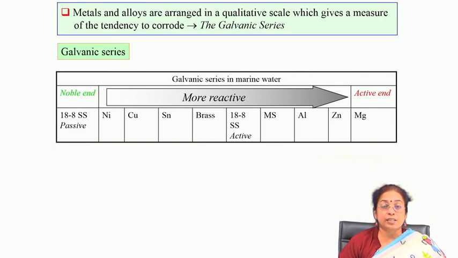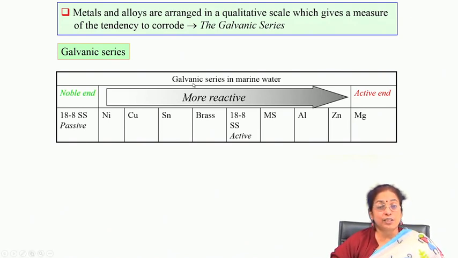The galvanic series gives information about the relative corrosion potential of different metals as well as alloys in different environments, and it plays a very important role in choosing materials for galvanic combinations. So, you have to be careful in choosing materials to prevent galvanic corrosion. You must choose materials which are very close in the galvanic series.